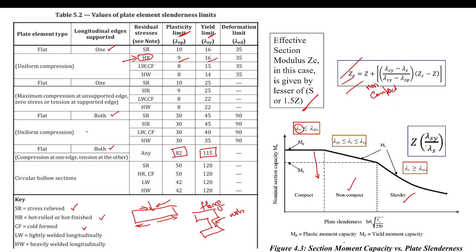And if it is slender, then the effective section modulus can be calculated using this formula. And once we find this, we will substitute and get what is the MS, and from there, we can find out its MSX and the actual maximum loading capacity.